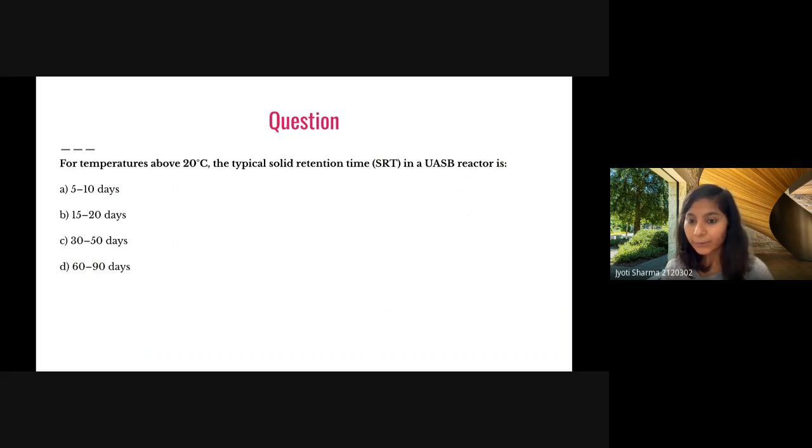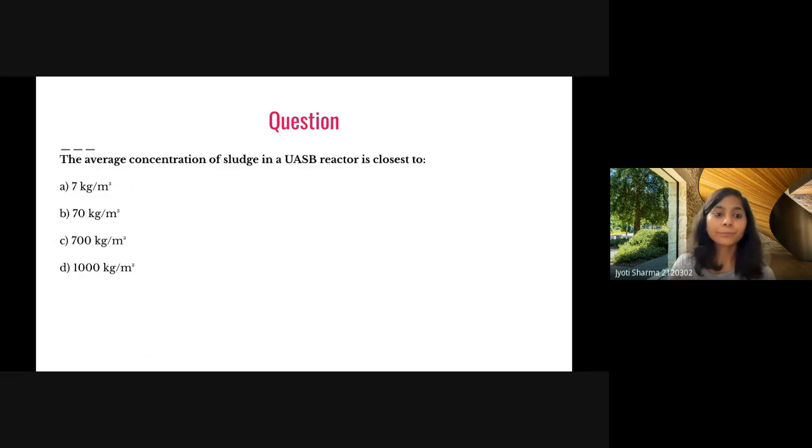Dia gave me a C answer. So this is 30 to 50 days. For 30 to 50 days, microorganisms that are anaerobic in nature will be there in that UASB reactor.